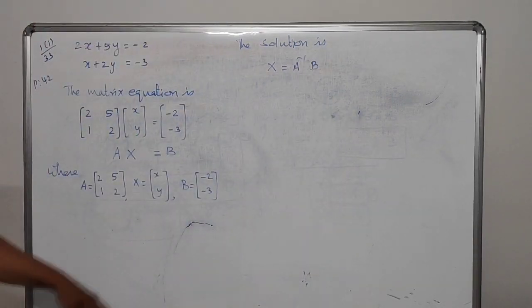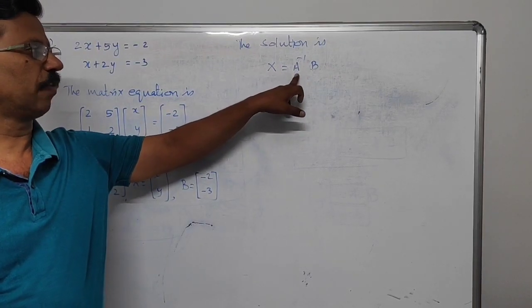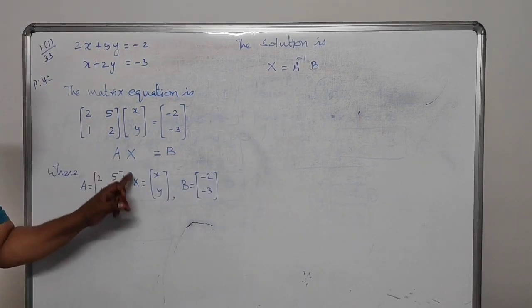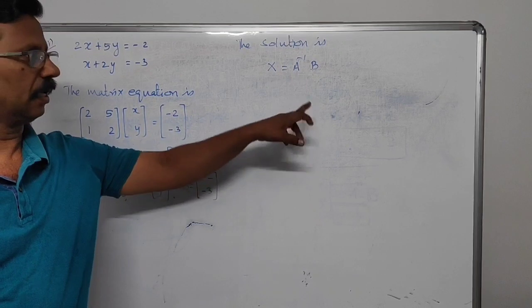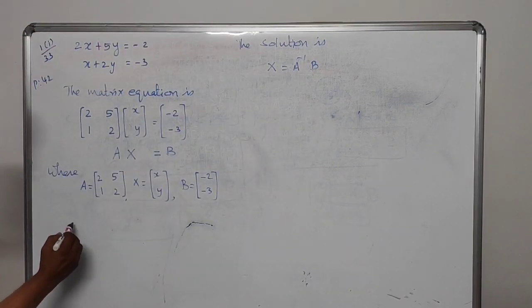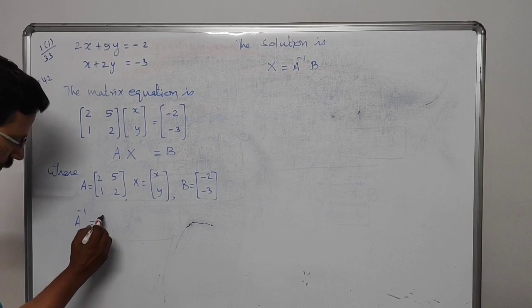To use this solution we have to find A inverse. A inverse exists only if A is non-singular. Therefore, we can directly do the steps here. A inverse is equal to 1 by determinant A into adjoint A, as we have already seen.